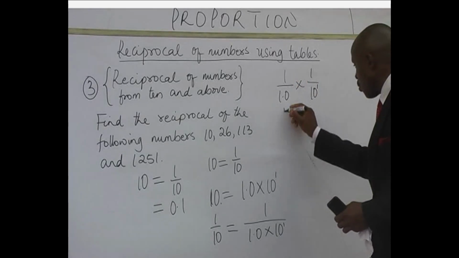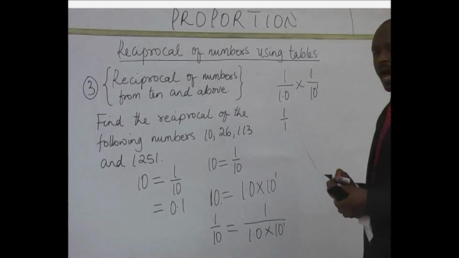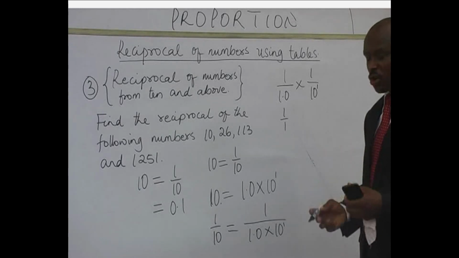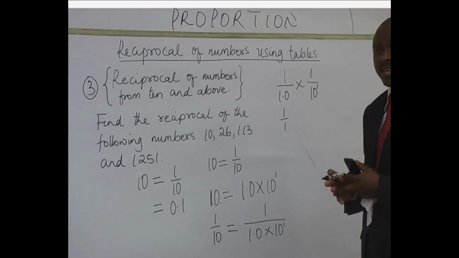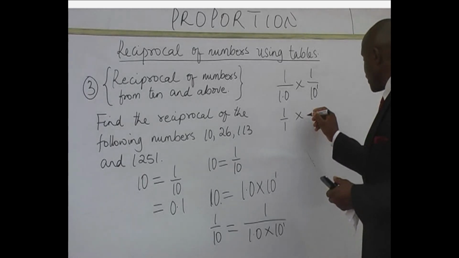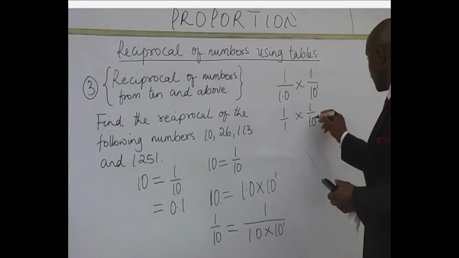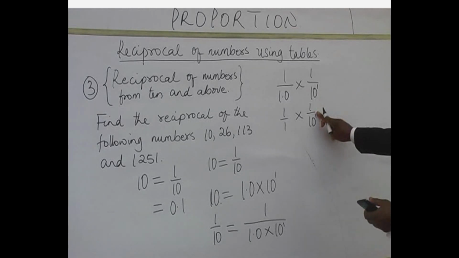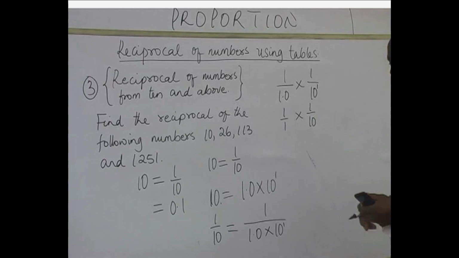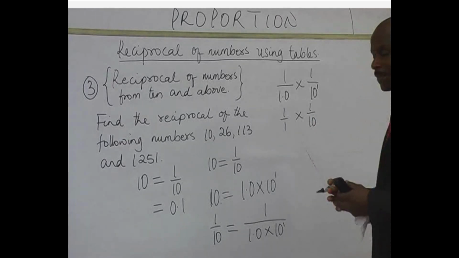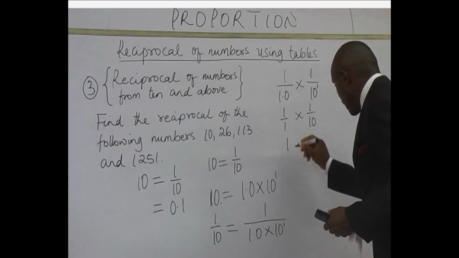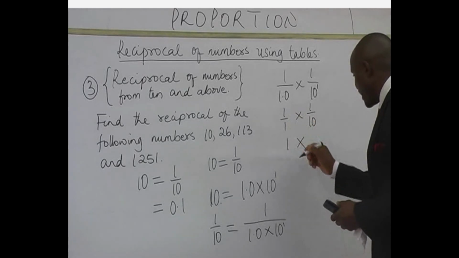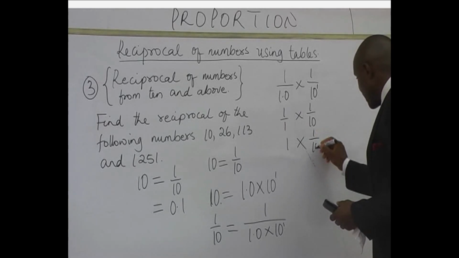What this means is 1 all over 1, and you know that 1 all over 1 means 1. You don't need to go to the calculator, you don't need to go to the 4-figure table. 1 divided by 1 is 1. Then times 1 all over 10 exponent 1, which means 1 all over 10, because any number exponent 1 means the number. So in the grand finale we have 1 all over 1 times 1 all over 10.